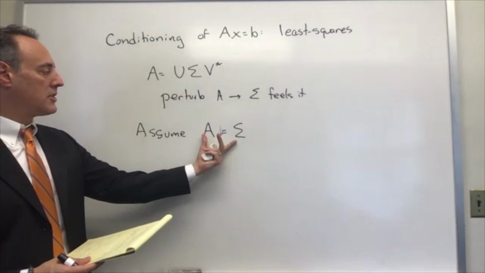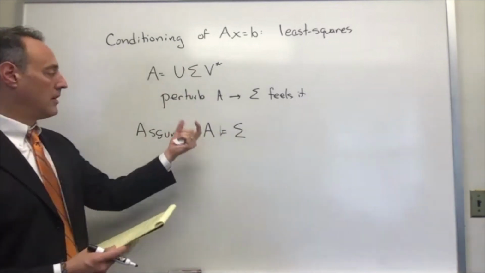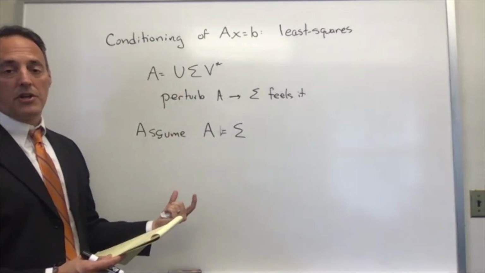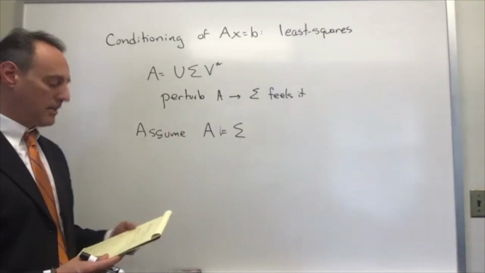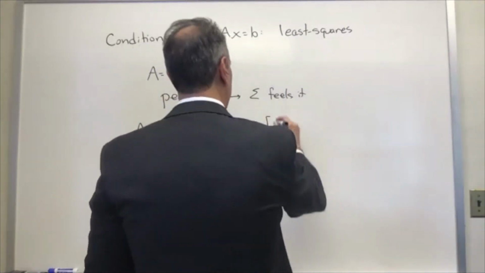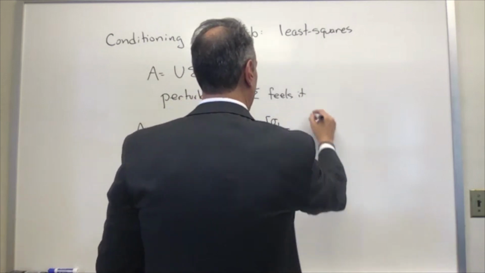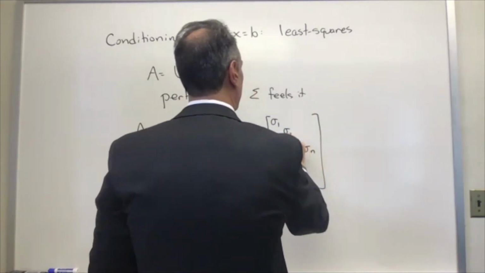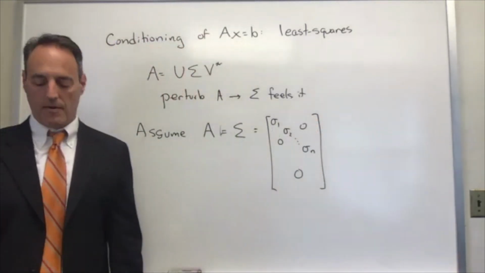Remember that A itself is not necessarily tall and skinny, but that's the way it goes: there are more rows than columns. So this thing here, under diagonalization, is going to be sigma 1, sigma 2, all the way down to sigma n, with zeros below and on the off diagonals. Okay, that's the structure of that matrix.